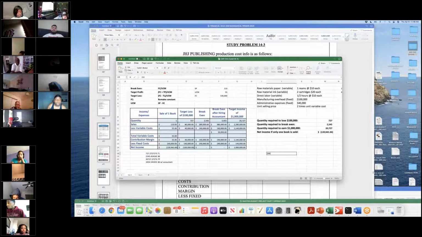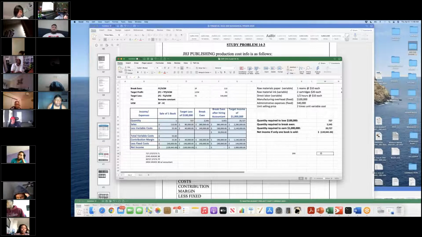And let's assume that the 50,000 is an ad campaign. So they drop the price and they have an ad campaign. And let's assume that the quantity sold goes to 5,000.